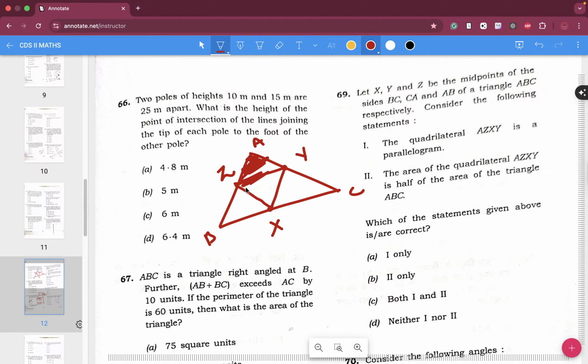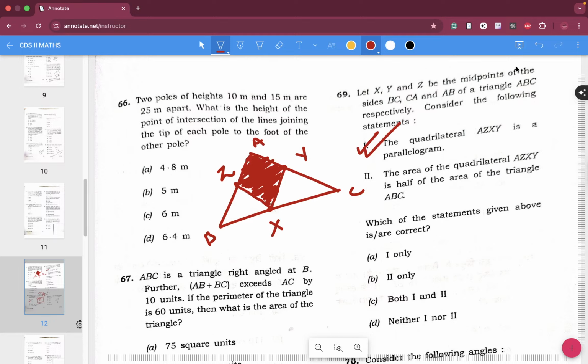Yes, it's a parallelogram. This is the property, the midpoint theorem. The midpoint theorem says XY is parallel to AB and also half of it. Similarly, XZ is parallel to AC and half of it. So yes, this is correct.